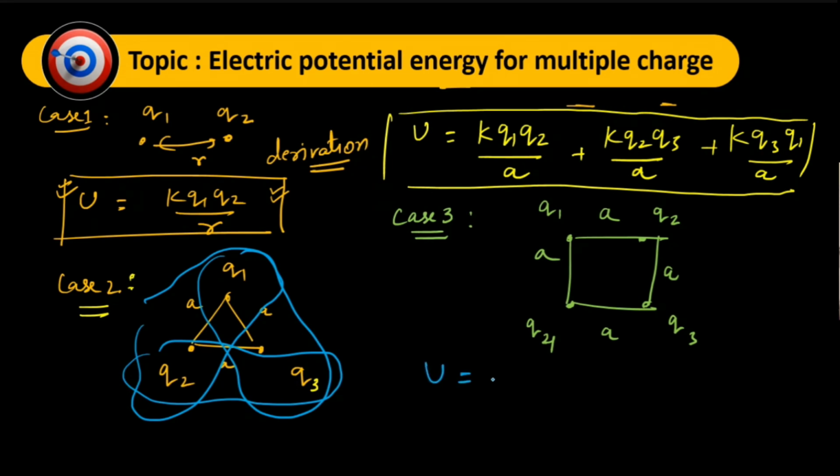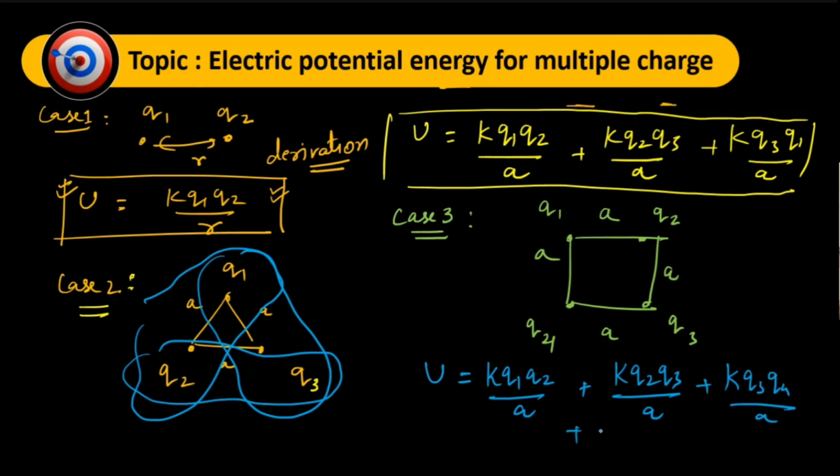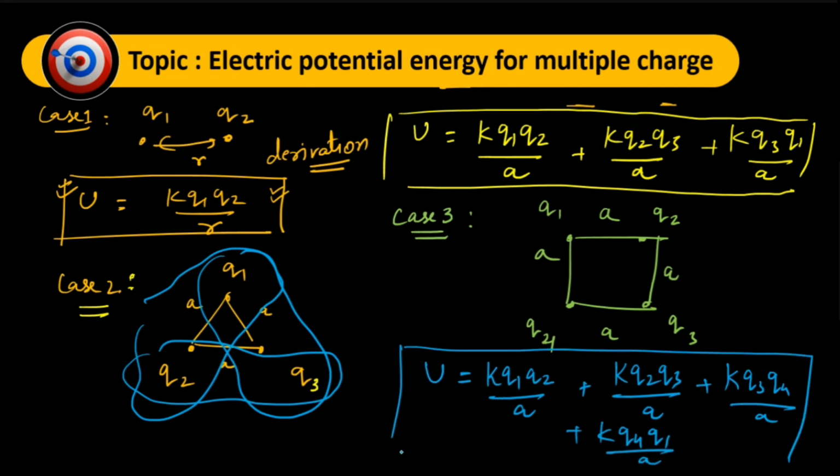It would be KQ1Q2 over A plus KQ2Q3 over A plus KQ3Q4 over A plus KQ4Q1 over A. So this is going to be the potential energy of the system. Depending upon the number of charges, the system has different energy.